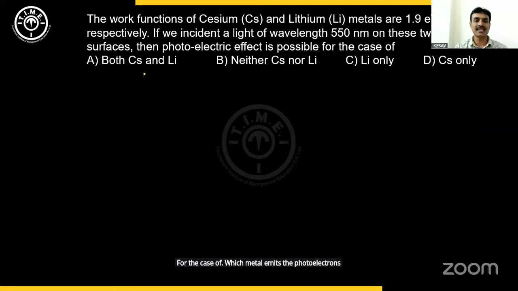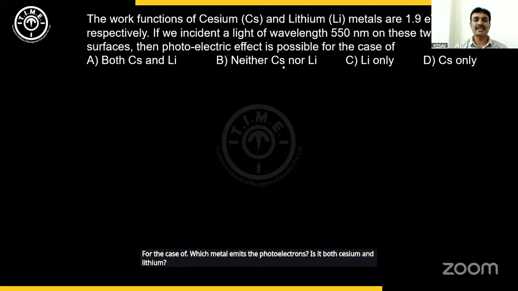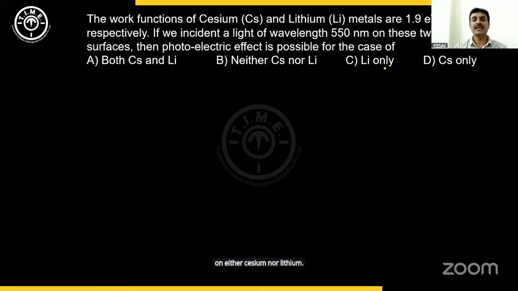Is it both cesium and lithium, neither, only lithium, or only cesium? Their work functions are given. Incoming radiation wavelength is given. So find the energy of the incoming radiation. If this energy is more than the work function, then it will emit photoelectrons.